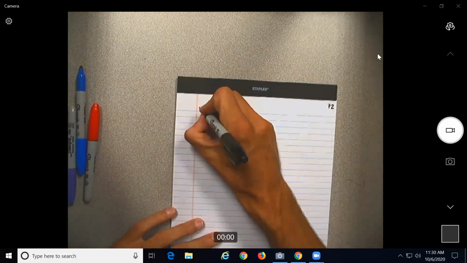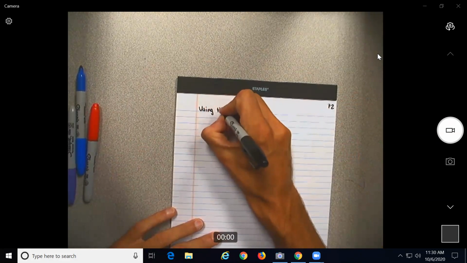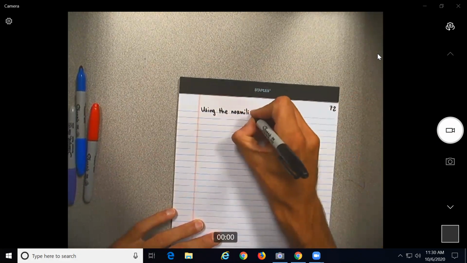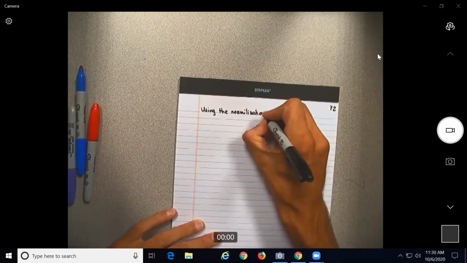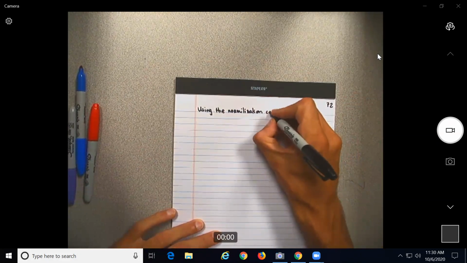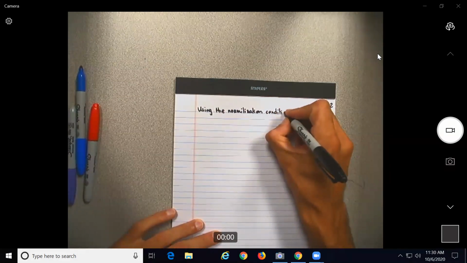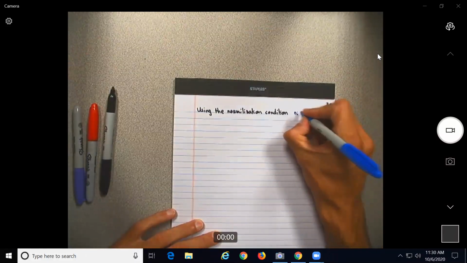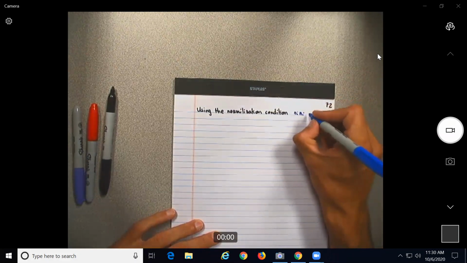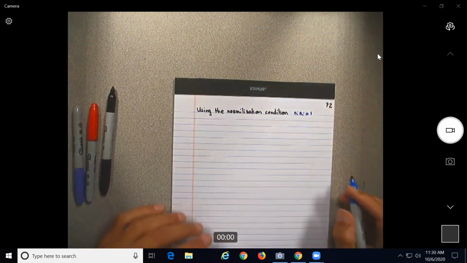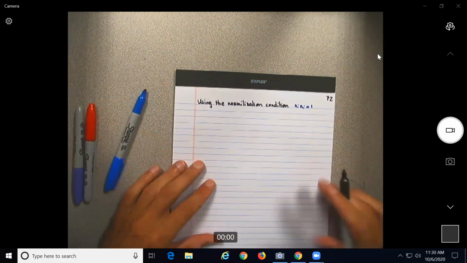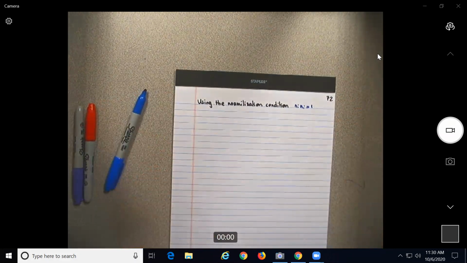So using the normalization condition that n sub i must be equal to 1, that's basically what you need to satisfy.